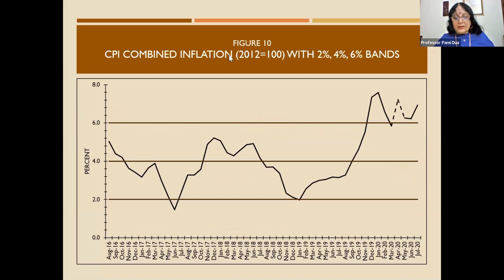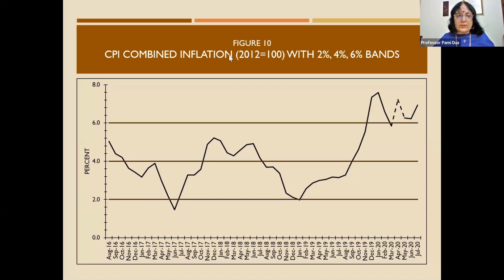So here, what I've shown you is the CPI combined inflation up to date, along with the 4 plus minus 2% tolerance band. So most of the time period we have been within this band. Now, recently, just before the pandemic, it went a little bit outside the band, and now, of course, the measurement of the inflation rate is not so clear.